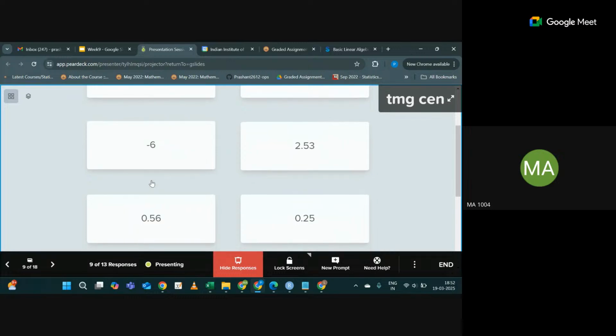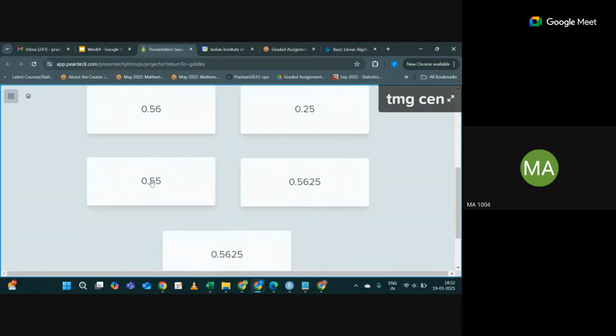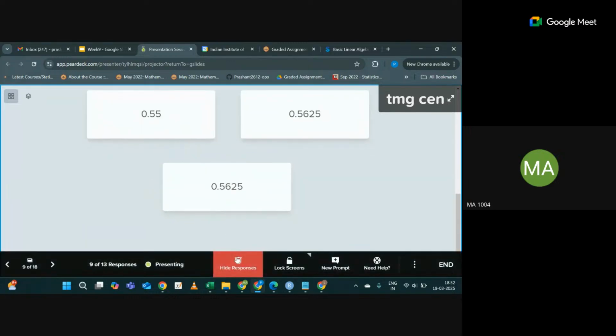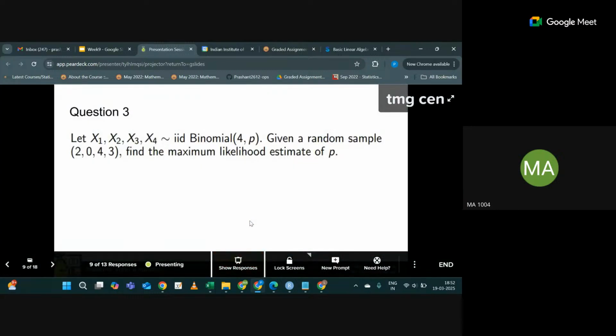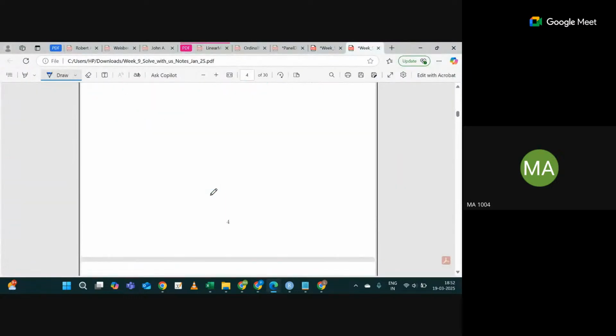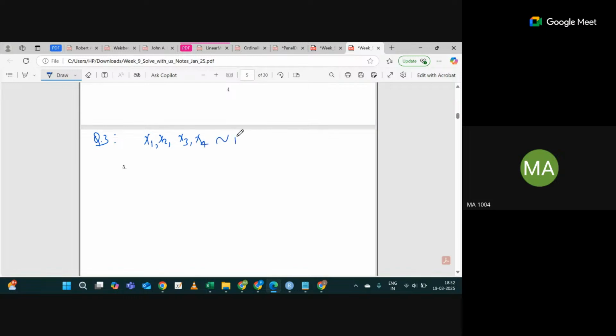Okay. Some varieties are there. So first of all, we have x1, x2, x3, x4. These are all IID from binomial 4 comma p.